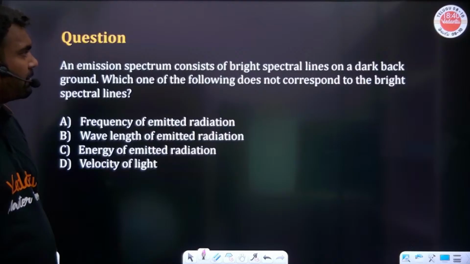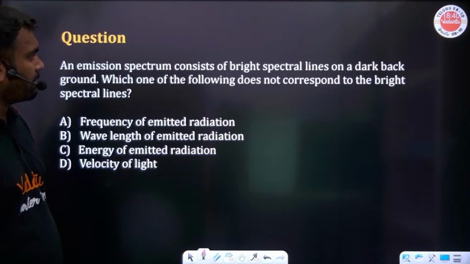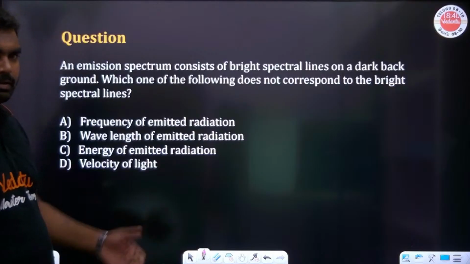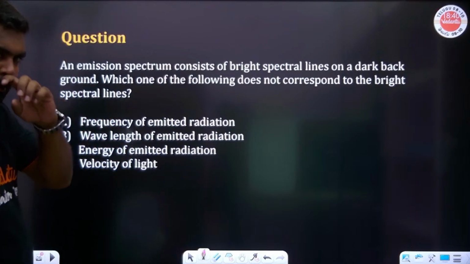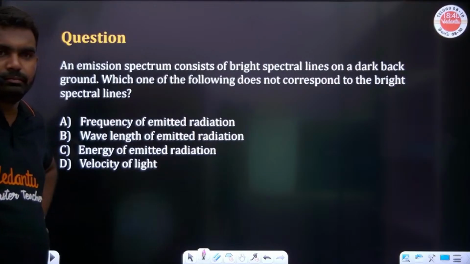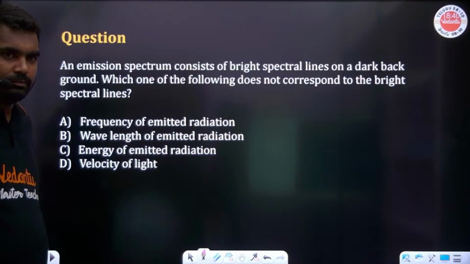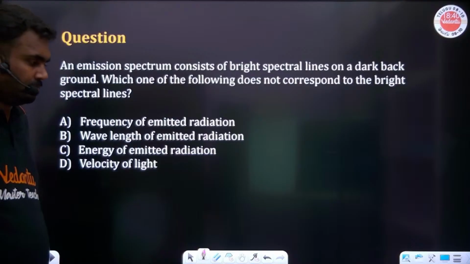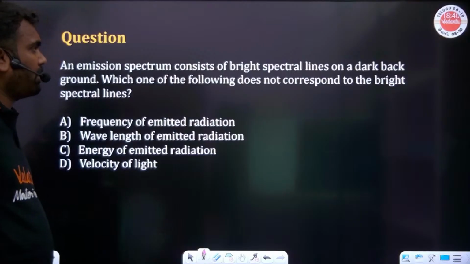An emission spectrum consists of bright spectral lines on a dark background.